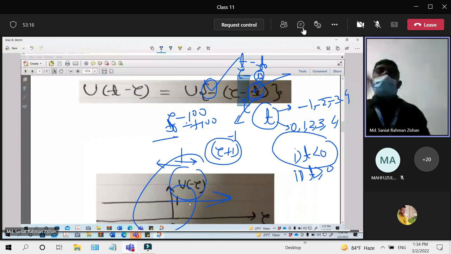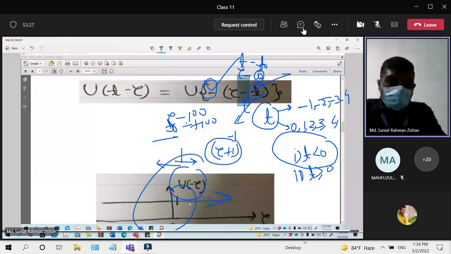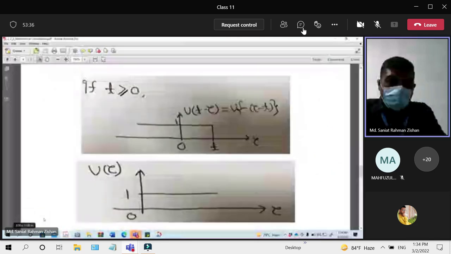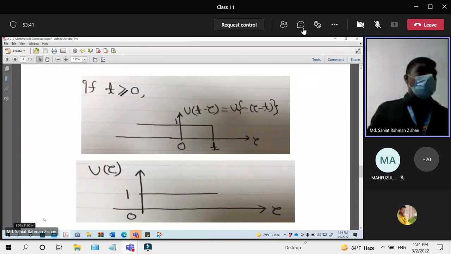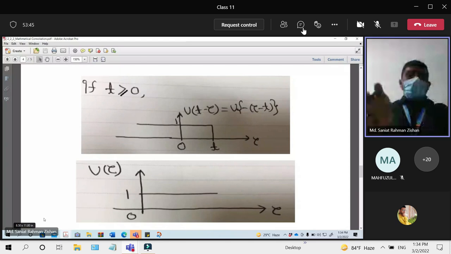It shifts by as many units as you assume; if t equals 10 it will be 10, if t equals 5 it will be 5. So for case number 2, this one is shifted to the right. The first one is ut minus tau for t greater or equal 0, and u tau I have already plotted before. Now you can see what is the common duration between these two.